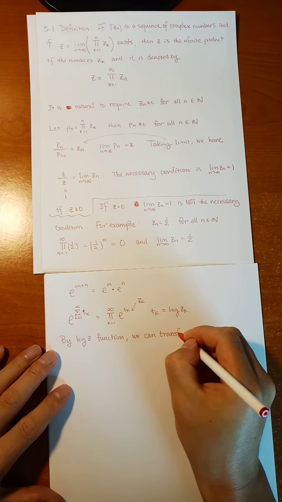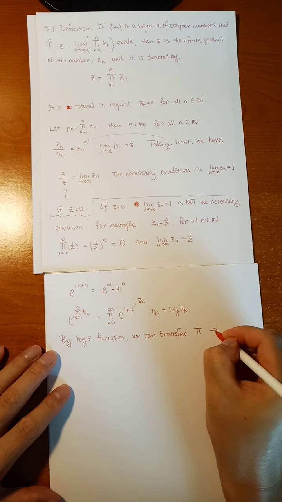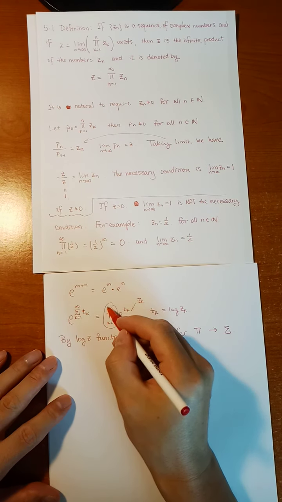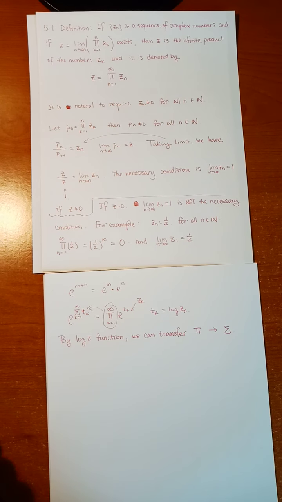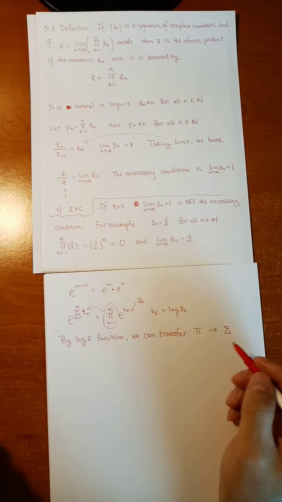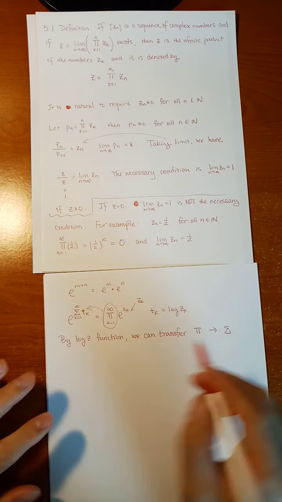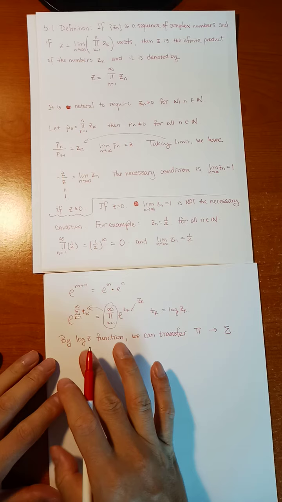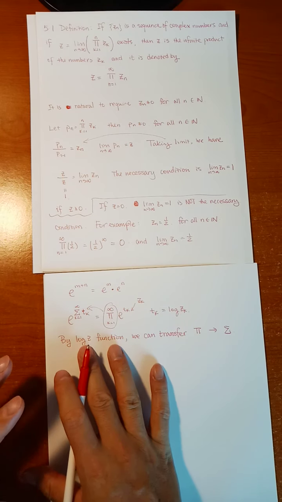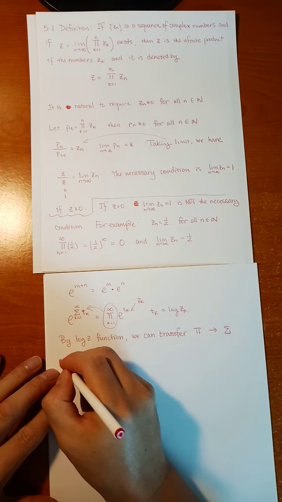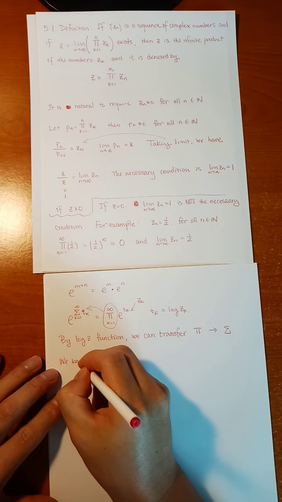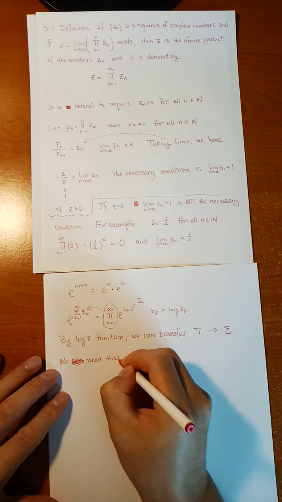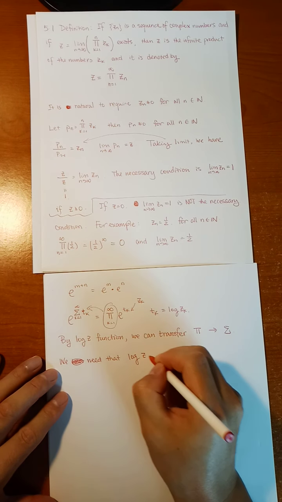Transform infinite product to infinite sum, right? So here's a product, and then it becomes a sum. The natural log is very good in the real world, but it's slightly tricky in the complex world. So we need that the natural log is well defined.